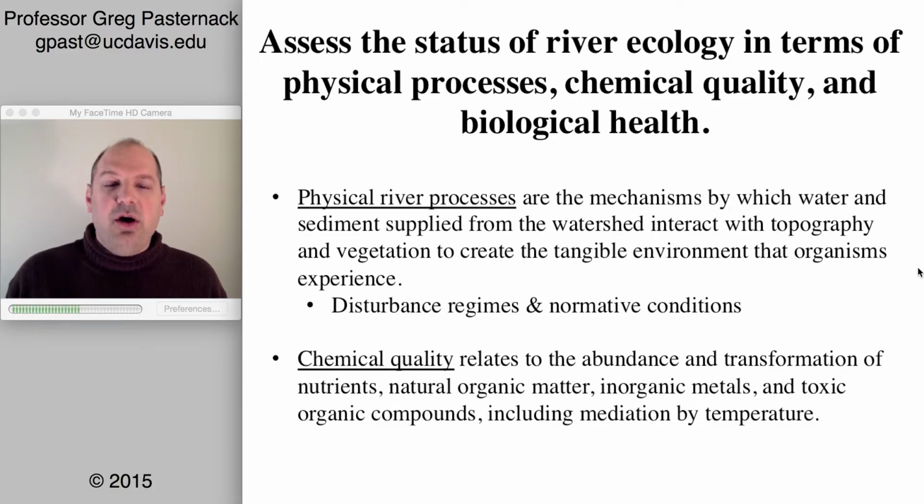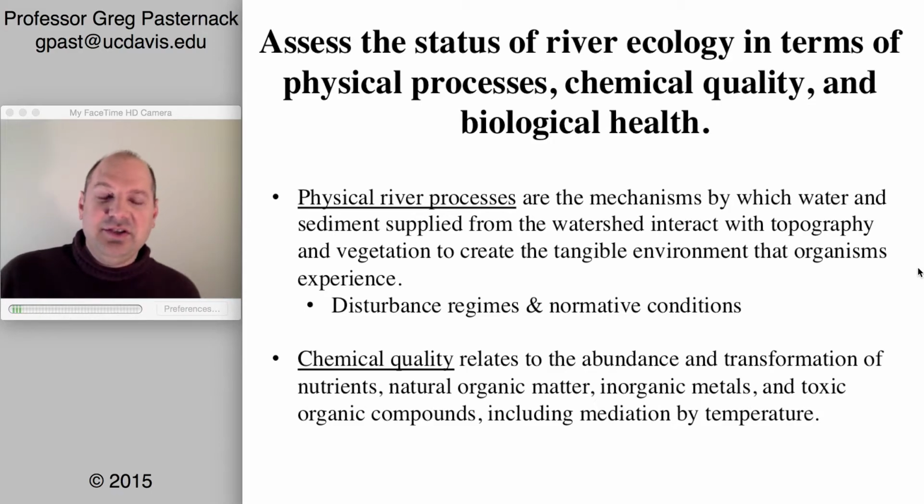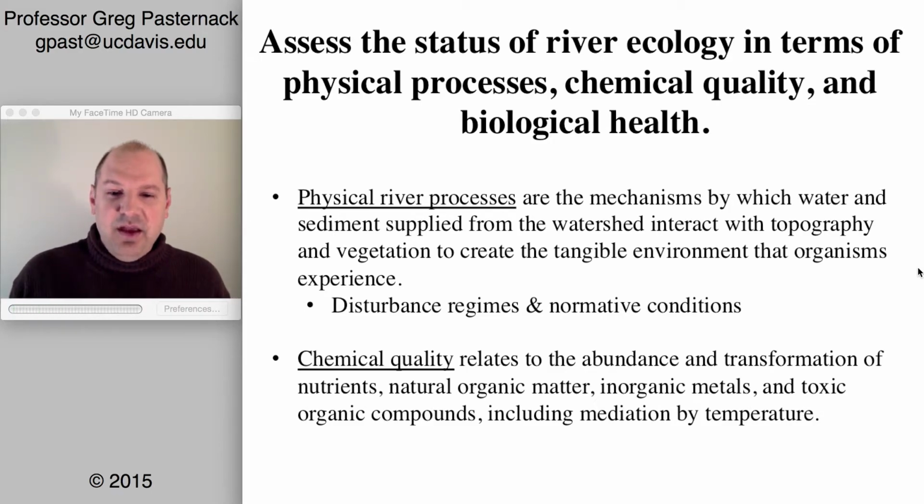Well, chemical quality is going to be really important because humans do degrade that by putting all kinds of materials into rivers. So we have to worry about the abundance and transformations of nutrients like nitrate, phosphate, possibly even sulfate. Natural organic matter could be really important. Inorganic metals: zinc, copper, lead, mercury.